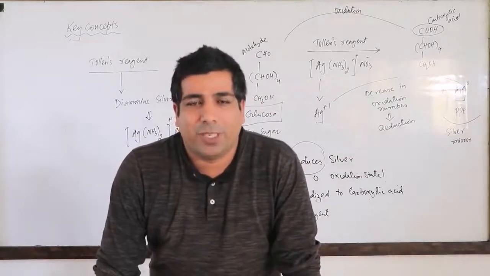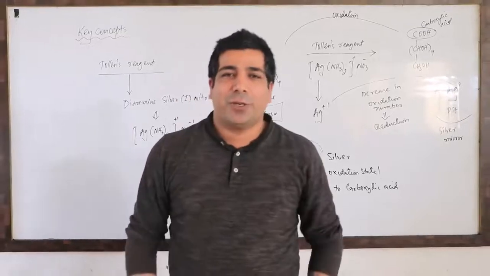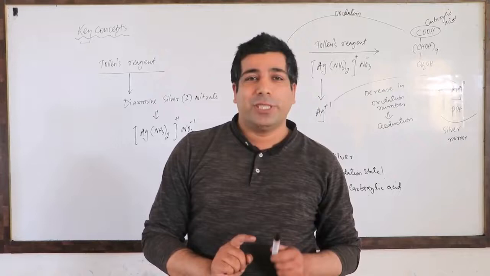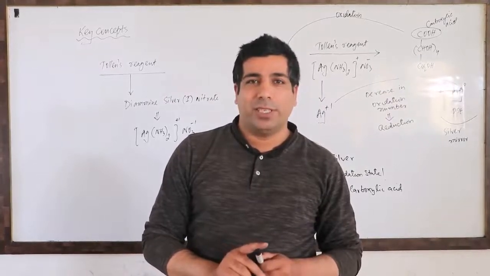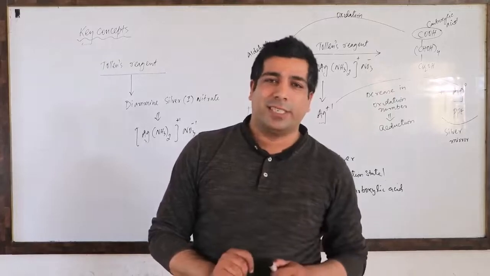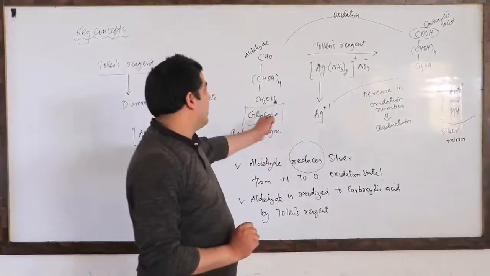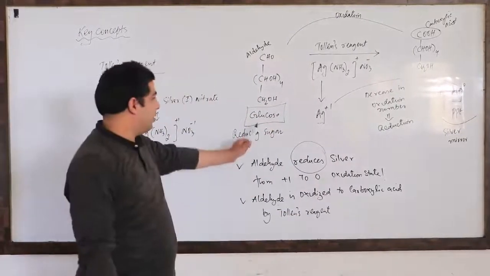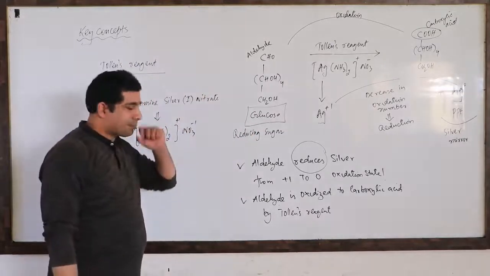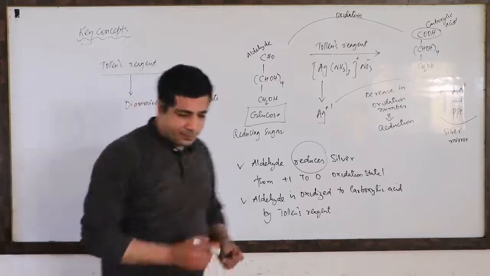So remember, what are reducing sugars? Those which can reduce the Tollens reagent. How are they reducing the Tollens reagent? They are reducing the silver component of Tollens reagent from +1 to 0 oxidation state. So I can call glucose a reducing sugar molecule. I hope you have understood this particular example. Please make a note of this.